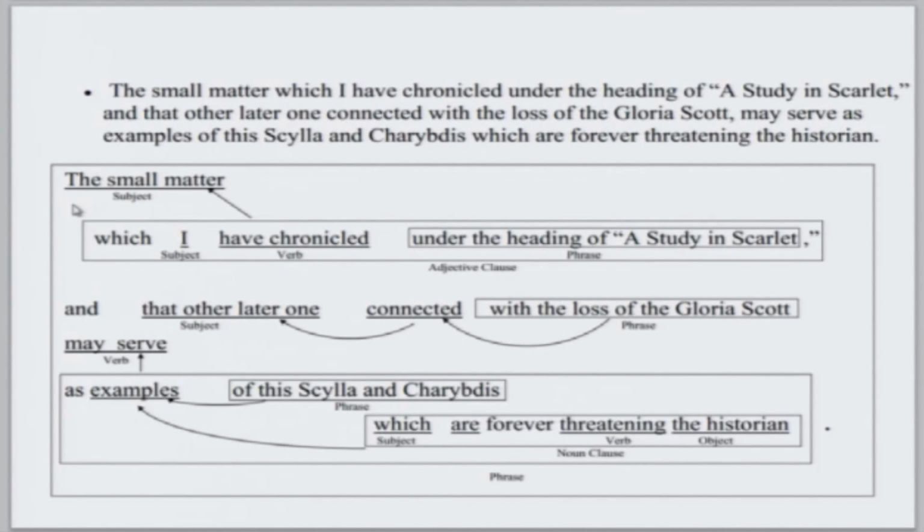Then the actual sentence would read as the small matter and that other later one may serve as examples of this thing, and these are forever threatening the historian. So, that is one independent clause, and this is another independent clause. This could have been another interpretation, but right now we have been taking the interpretation that this is qualifying this. Okay. So, in the qualifying or restrictive sense, this is an adjective clause, adjective to this example.